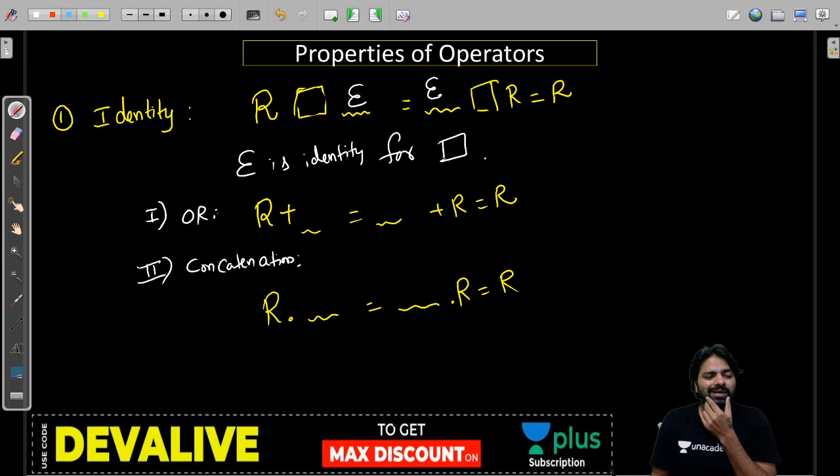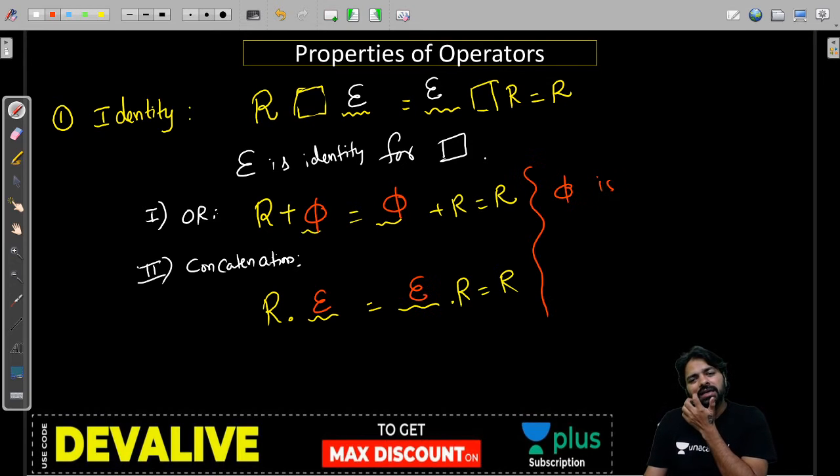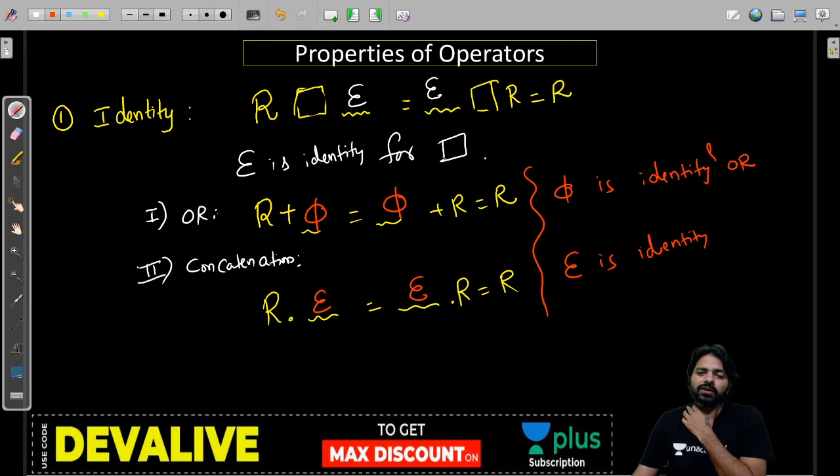What is the answer? For the plus place, it is phi. And for concatenation, epsilon. So what do you understand here, guys? Phi is identity for the union operator and epsilon is identity for concatenation. Clear this point?